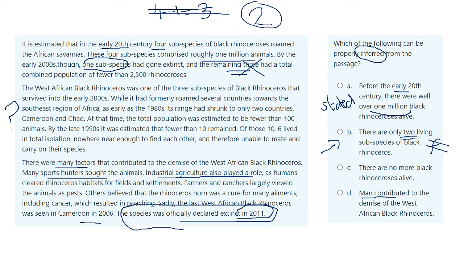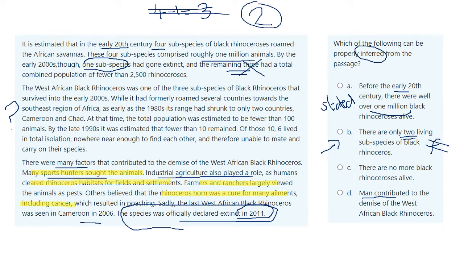Now D, man contributed to the demise. Well, it does say that the sports hunters sought the animals. And it does say that the humans saw them as a pest. The farmers viewed them as a pest. And the humans cleared their habitats. And that the rhino horn was used as a cure for many illnesses.